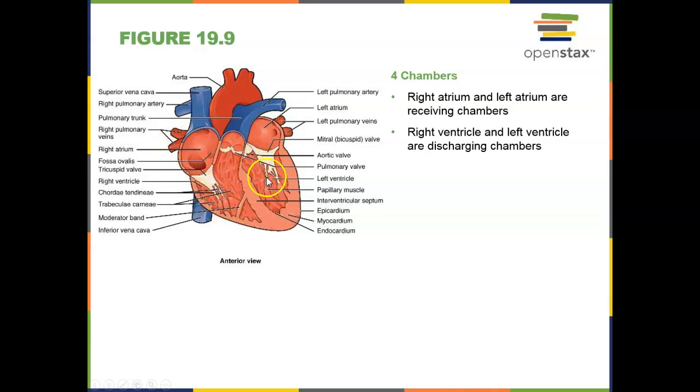The ventricles then are considered the discharging chambers. They discharge either to pulmonary circulation, that would be your right side, or they discharge to systemic circulation, that would be the left side.